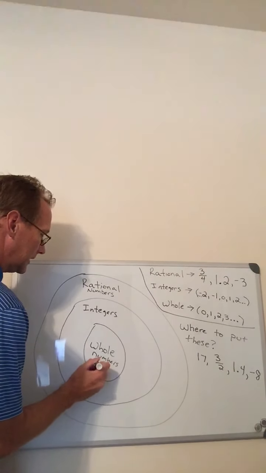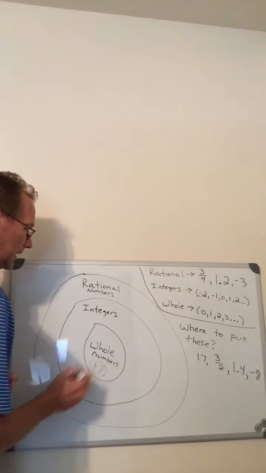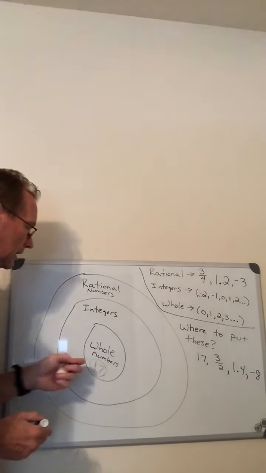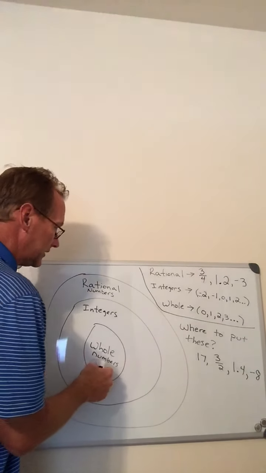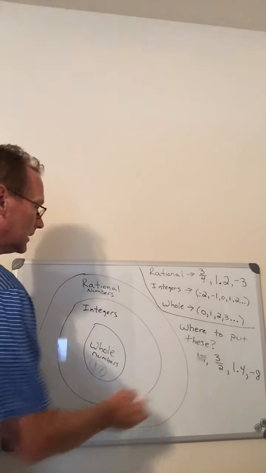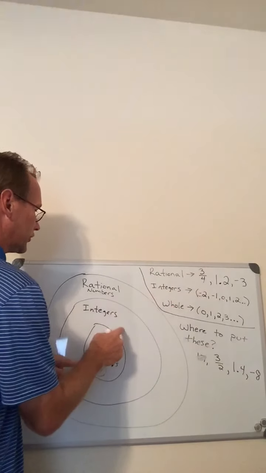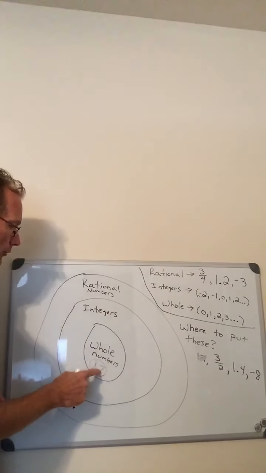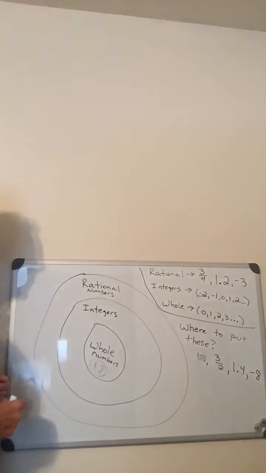So 17 is definitely going to be a whole number. My marker's already running out on me. So we have 17 as a whole number, and I'll try to check that off. I'm sorry you can't see it very well. Now, if it's a whole number, we already know it's an integer, and all these numbers are rational numbers. So 17 is a whole number, an integer, and a rational number.